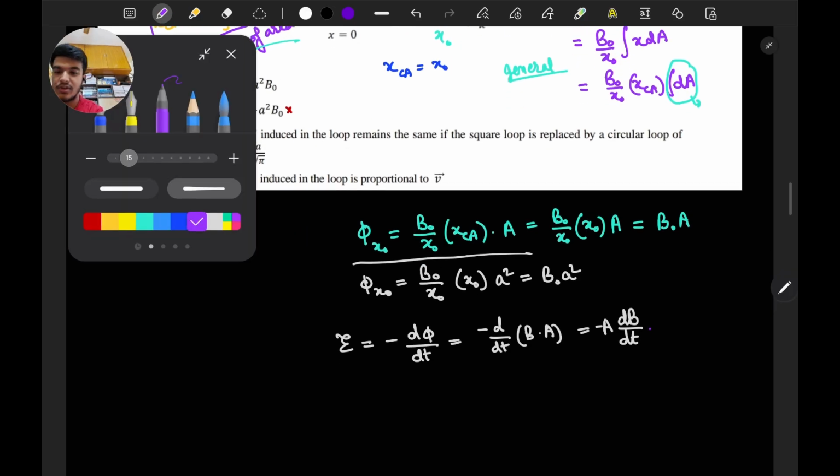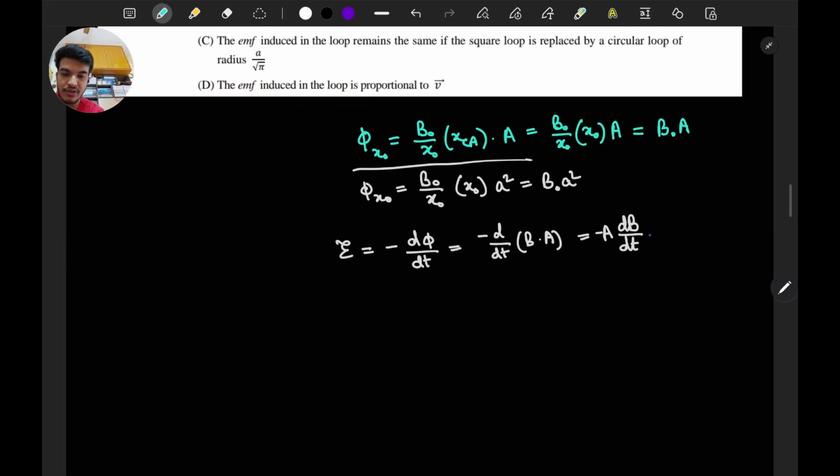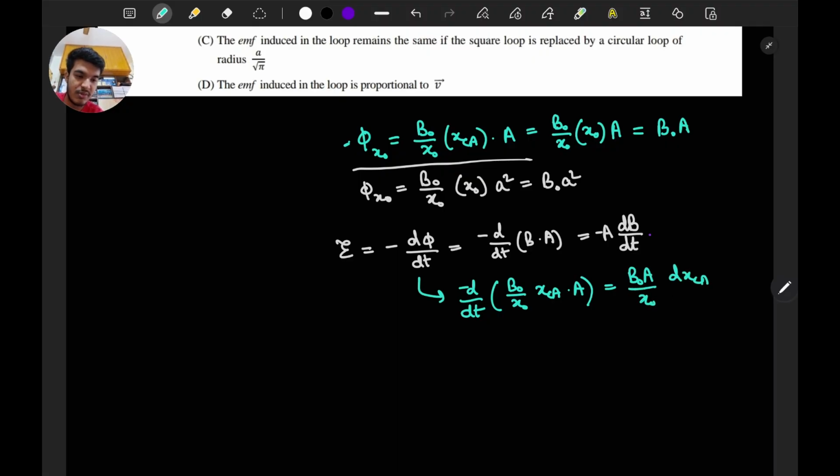So I can also differentiate this function: I differentiate phi to get minus d/dt of B naught by x naught, x center of area, A. These are all constants, so it equals B naught capital A by x naught times dx_C/dt.